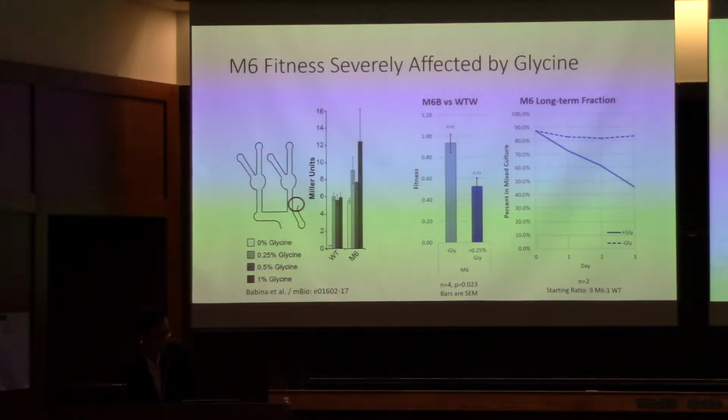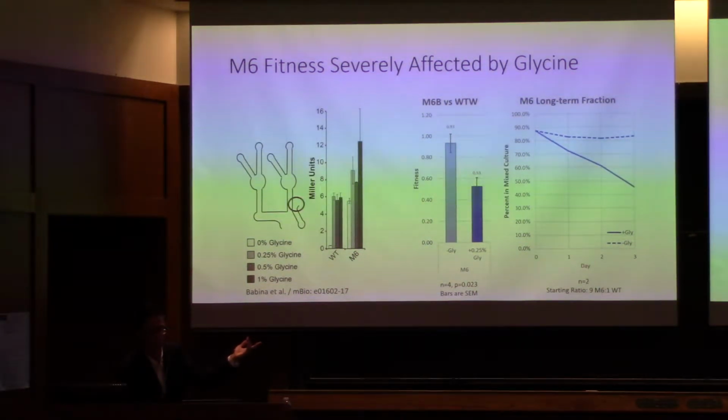For M6, this is also interesting, because if we look at the in vivo activity of the glycine riboswitch, it was actually upregulated compared to the wild type. But when we look at the fitness, we see a decrease in fitness compared to the wild type.